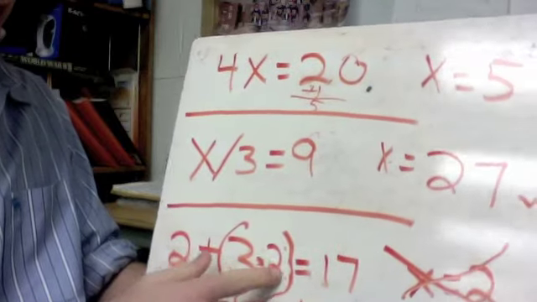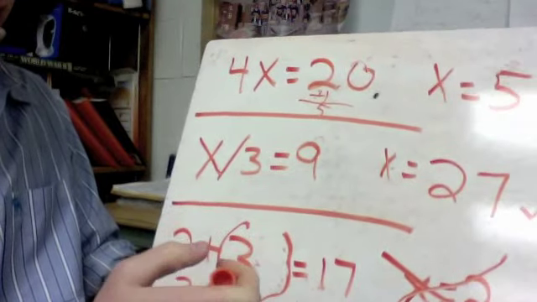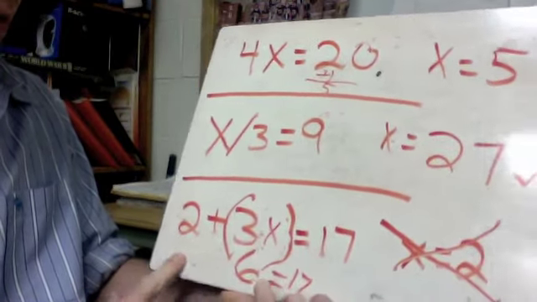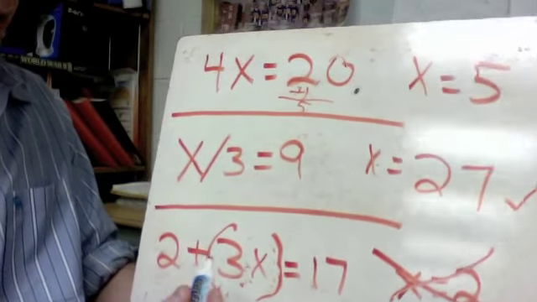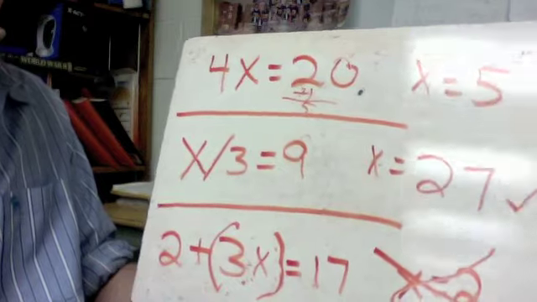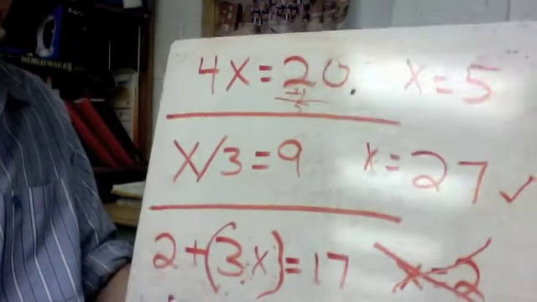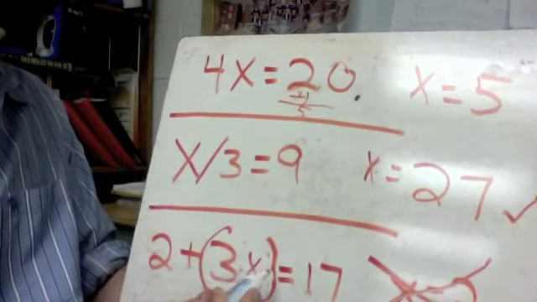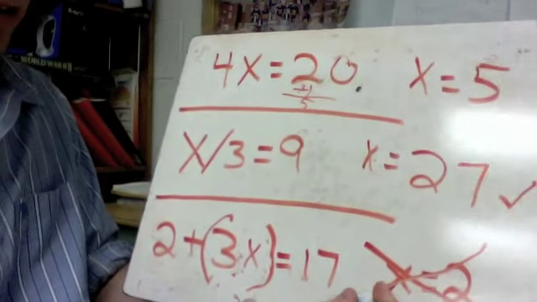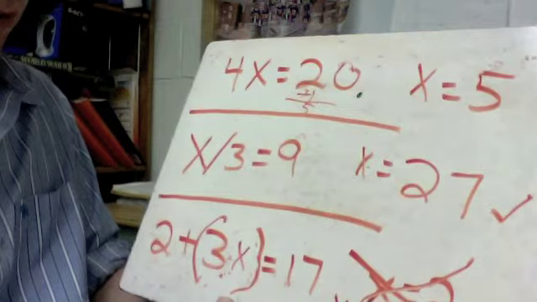Now we could figure out what the actual solution to this problem is, just basically with a little thinking about it anyway. If we did inverse operations, I could subtract this 2 over here and get 15, and then I know that 3 times 5 is 15. So I know that x equals 5.